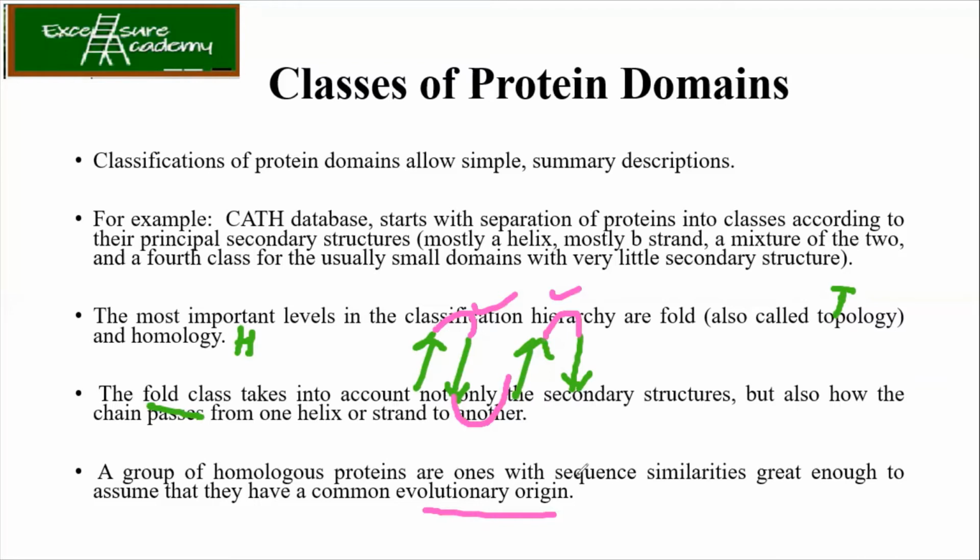Sequence similarity means they are going to have similar amino acids, right? Now, if you have identical amino acids, it means they are going to be the same proteins but present in different organisms. This we have discussed already, right? About the paralogs, orthologs, homologs. We have discussed already, don't forget.